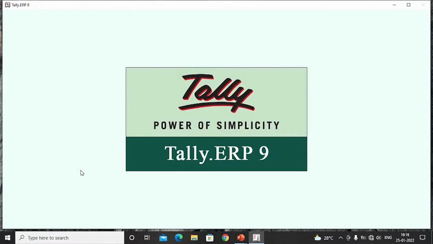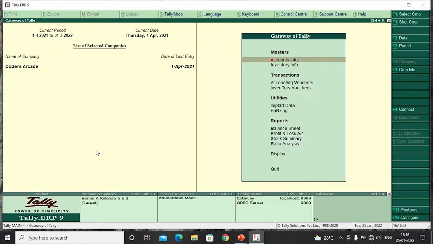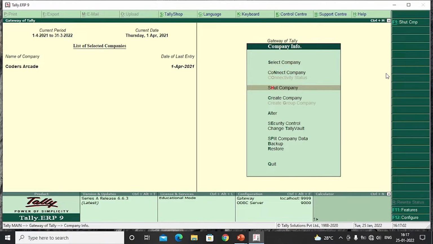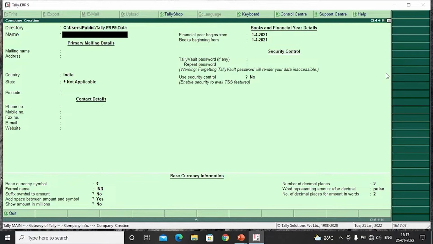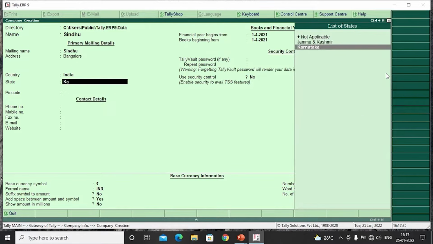So let's start. Go to Tally ERP 9. Select work in educational mode option. Now press Alt plus F3 or go to company info. Now go to create company. Name of the company is Sindhu. Address Bangalore, country India, and state Karnataka.